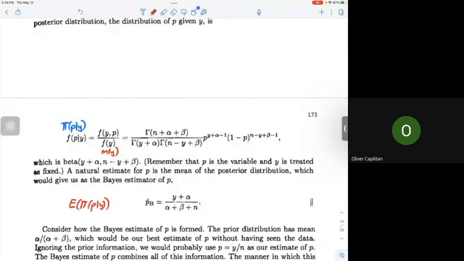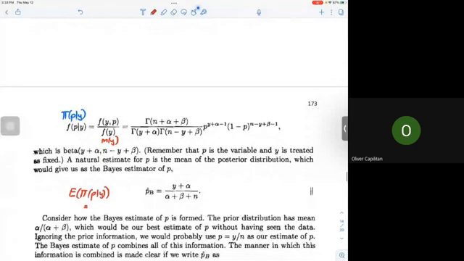The mean of that is actually equal to y plus alpha divided by y plus alpha plus n minus y plus beta. That's the mean of our posterior distribution.